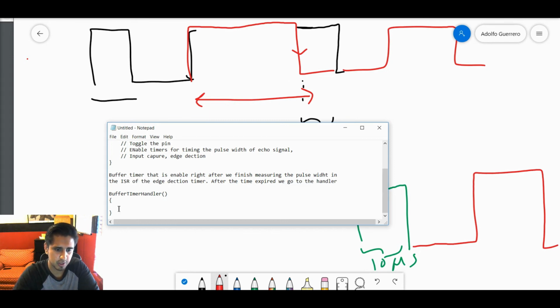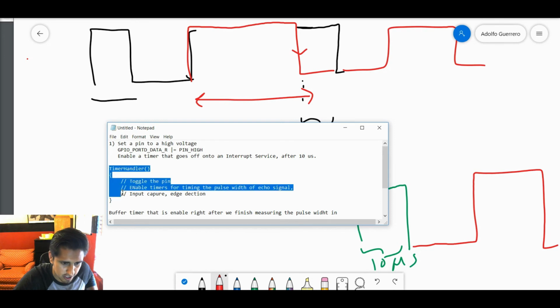The handler is then responsible for enabling pin high again, so that we're triggering, and then we enable the previous timer to go off after 10 microseconds. And then what's going to happen when that goes off? We're back at the initial ISR that I talked about. After this it's just an infinite loop. This keeps happening until however many measurements you want.